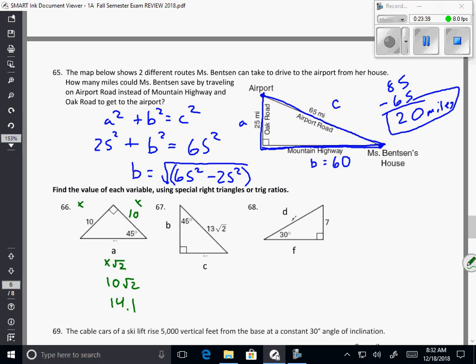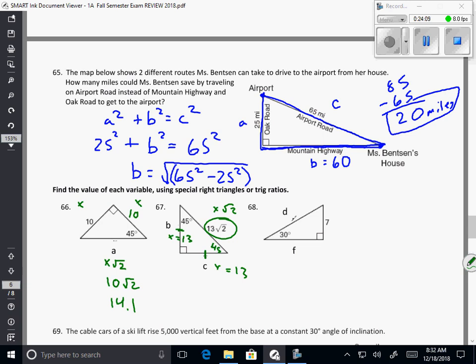Over here it's the same thing, but backwards. This is the 45. We know the hypotenuse. So if this was x, x, and x root 2, then the thing on the root 2 is the 13. That means that's what these guys were. You can do it that way, or you can use the Pythagorean theorem again, knowing that C and B are going to be the same length.